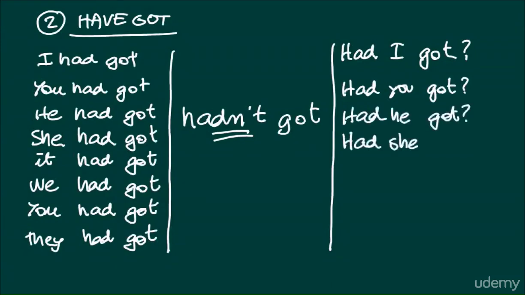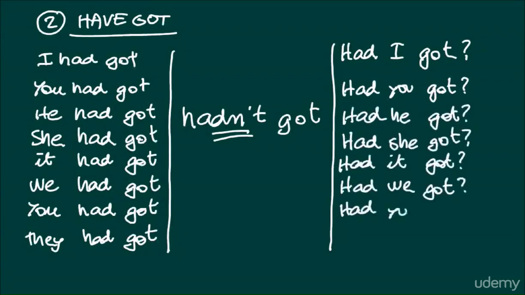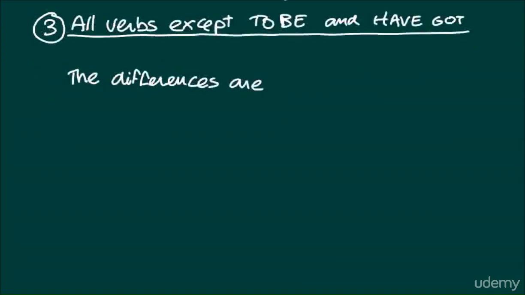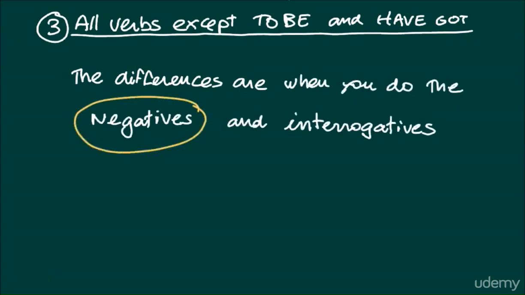In negative, and for questions. 3. In the third group, there are all the verbs that are not the verb to be or have got. Please remember these three different groups because it is very important when you do negative or interrogative sentences.